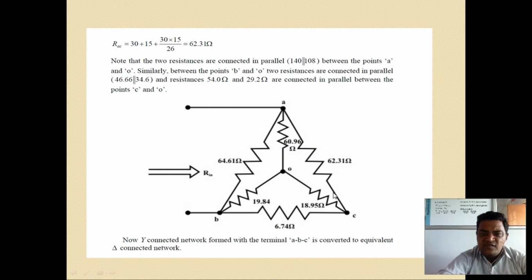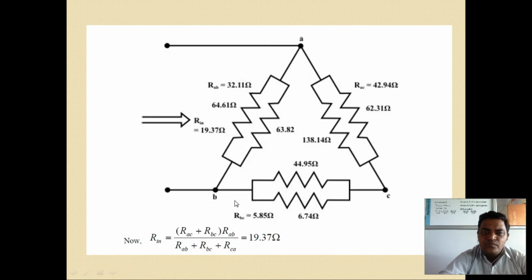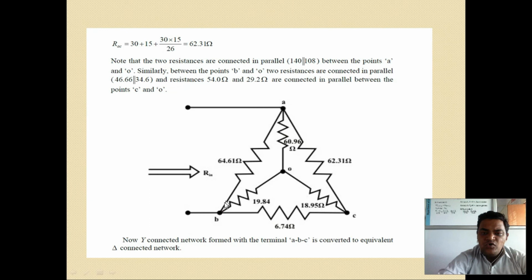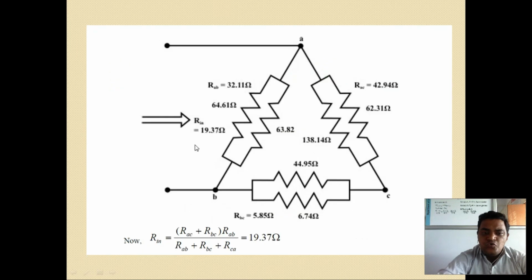This is the delta, and here is the star transformation. Calculating from star to delta, the equivalent resistances are connected in parallel: these two in parallel, again these two in parallel, and here two in parallel.